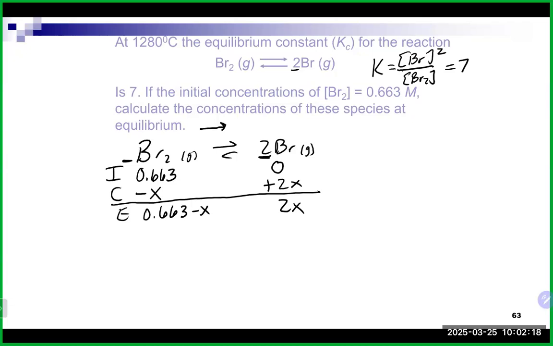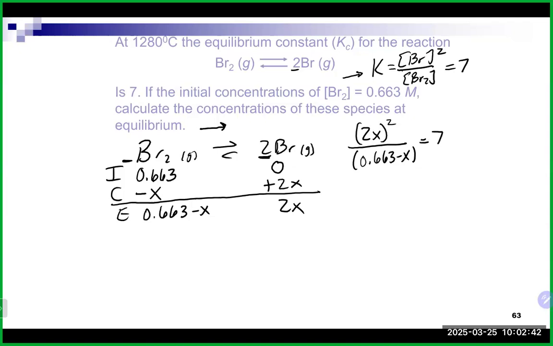All right, so remember, the goal here is to solve for x. We take our equilibrium line and put it into our expression. That gives me 2x, squared on top, divided by 0.663 minus x, and that equals 7.